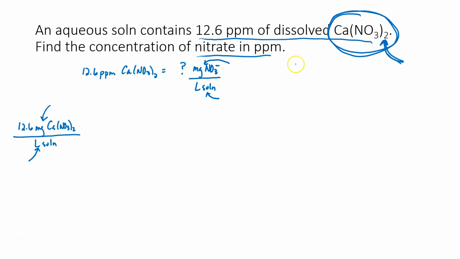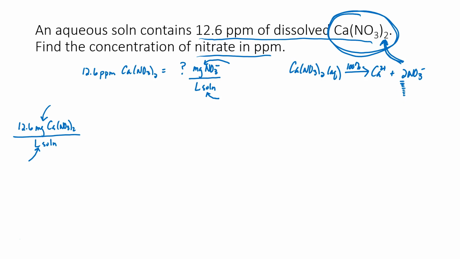So if it helps you to actually see that equation written out, go for it. 100% of that calcium nitrate dissociates into 1 calcium and 2 nitrates.